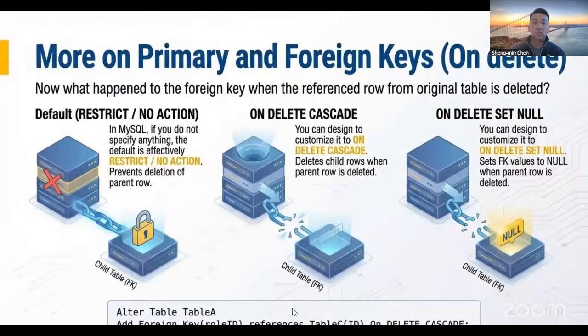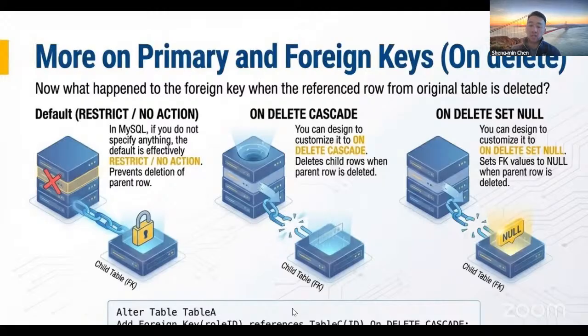If you decide, after you have all these tables created and you already have primary keys and foreign keys, that you don't want the default behavior and want to change it, so that when my primary key is being deleted, even though there is a referencing foreign key in another table, I want it to do a certain action. And there are two behaviors available here.